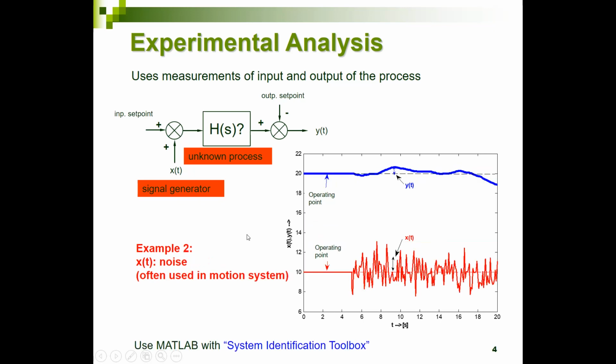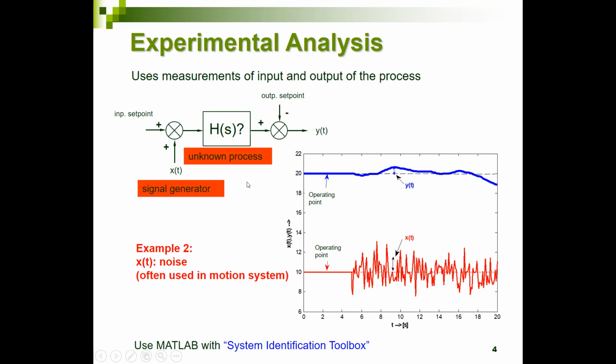What is often used in motion control is that we analyze our system in the frequency domain. And how is it done? Well, we add some white noise to the input signal, and we look at the output signal, and by using the System Identification Toolbox of MATLAB, we can produce so-called frequency response functions, FRF functions. And they can result in a Bode plot, which we can analyze, and based on that analysis, we can define what kind of system it will be.